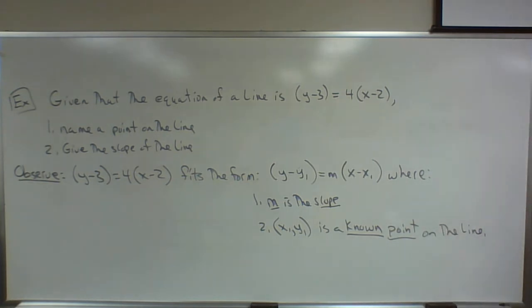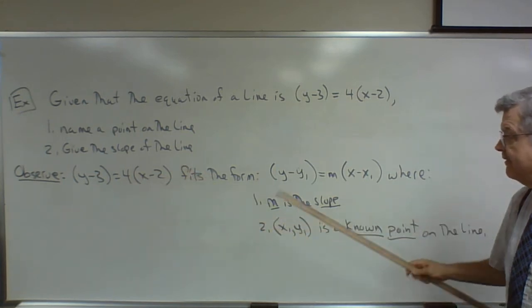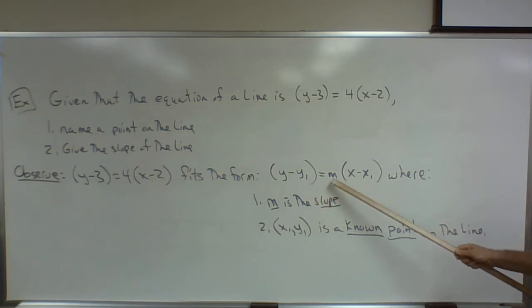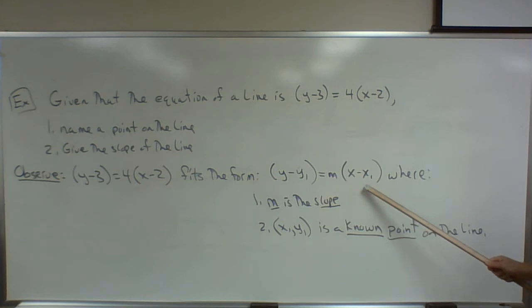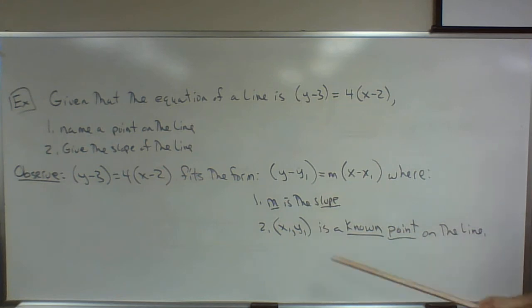Okay, we've said just enough. The equation that we have fits this form: y minus y1 equals m times x minus x1, where m is the slope and x1, y1 is a known point on the line.